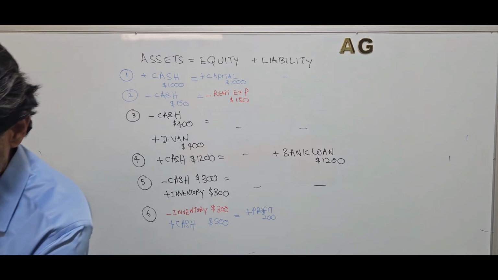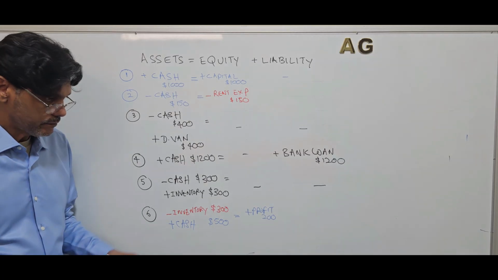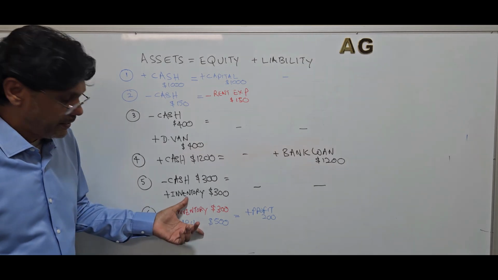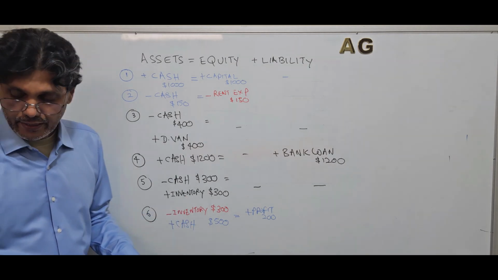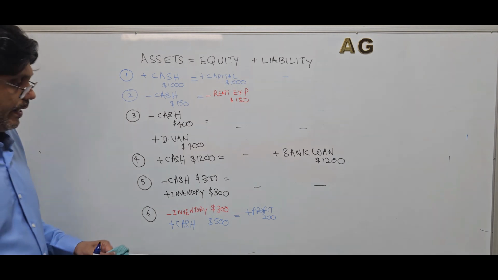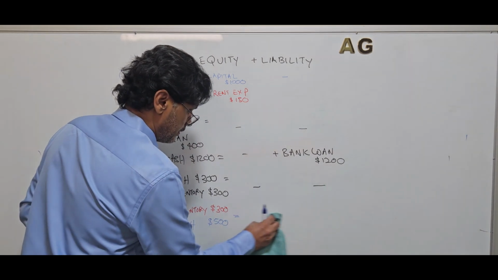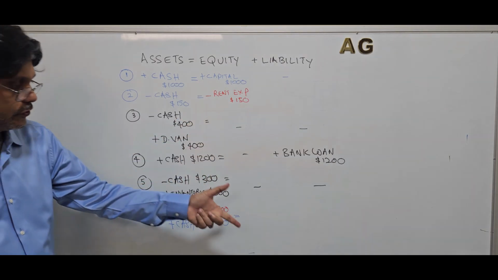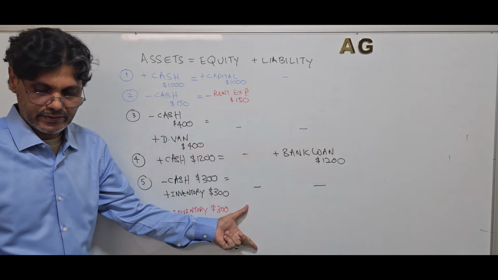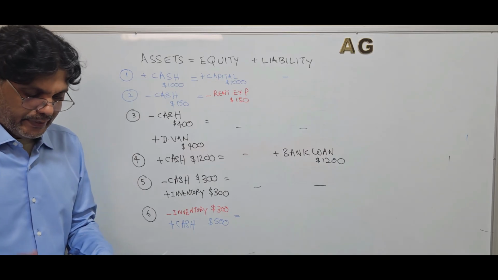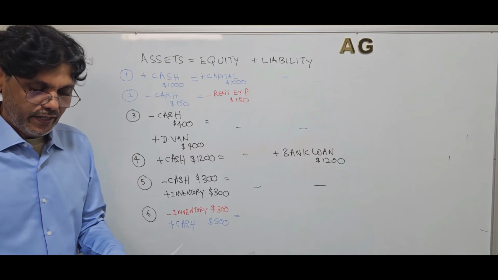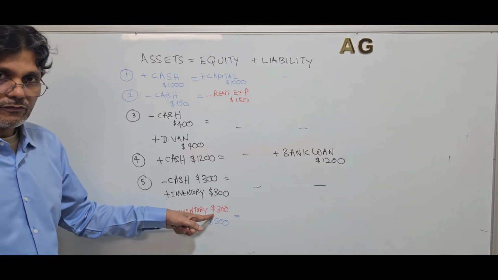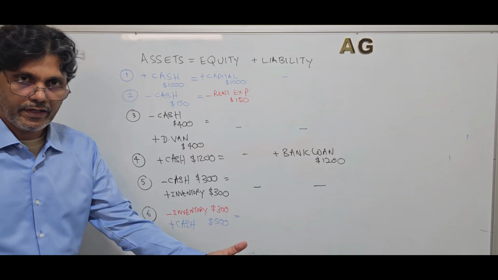Now in this particular question, I just want to explain this in a different way. Rather than taking this 200 as plus, since I have taken the expenses, I just want to show the sales value here. The company has sold all the goods purchased for 500. So what is the sale? We had 300 worth of goods, you sold for 500.